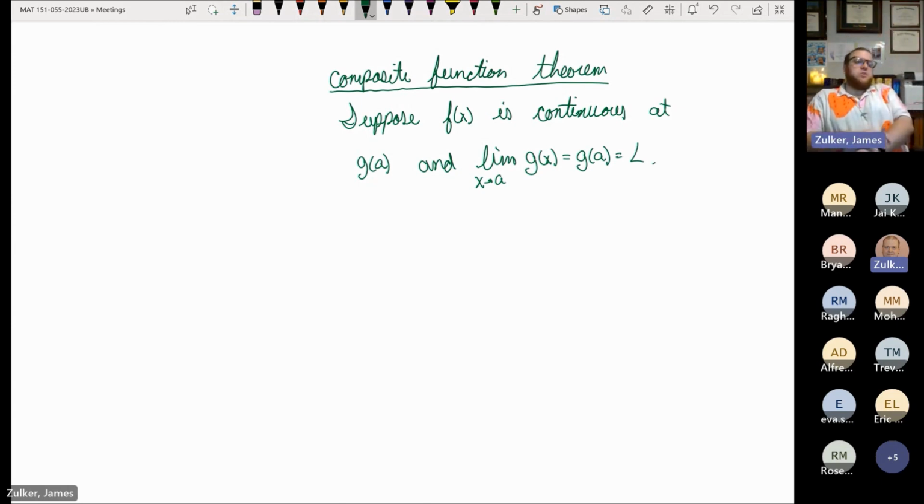So suppose we have some function f of x that is continuous at the value g of a.